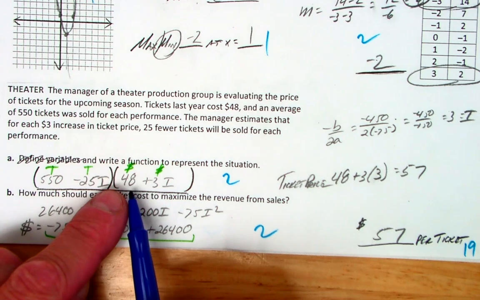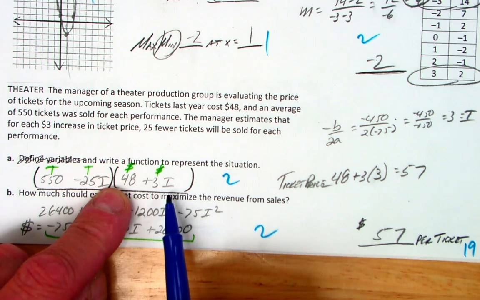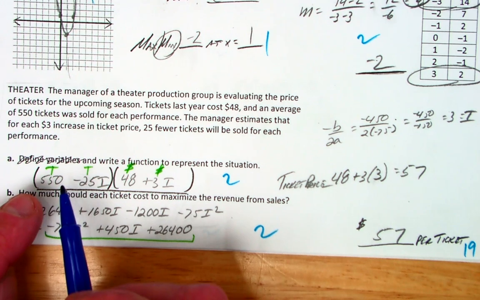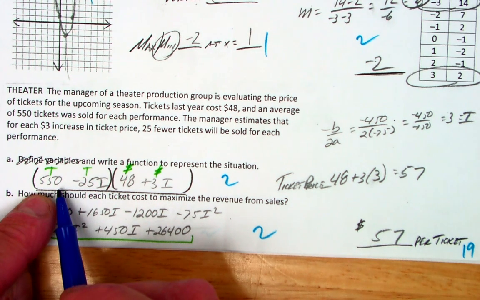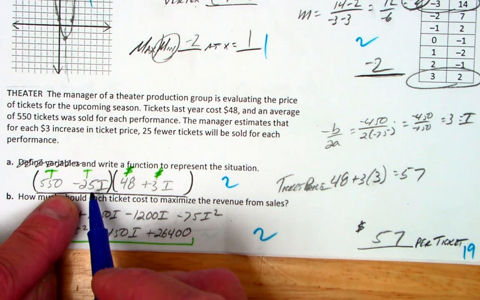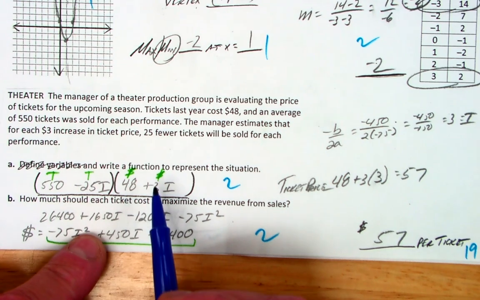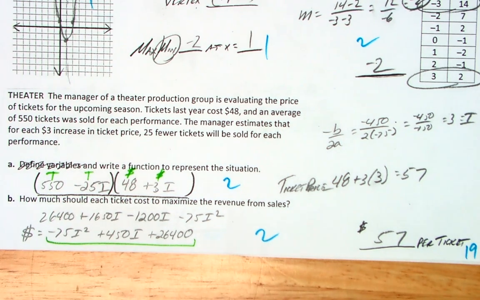Ticket price was $48, and I'm adding $3 per ticket, or per increase. Ticket price was $5.50, or I'm sorry, I did sell 550, and I'm going to lose 25 sales. Number of tickets, price of ticket, price of ticket. Stay organized. Okay, have it make sense.